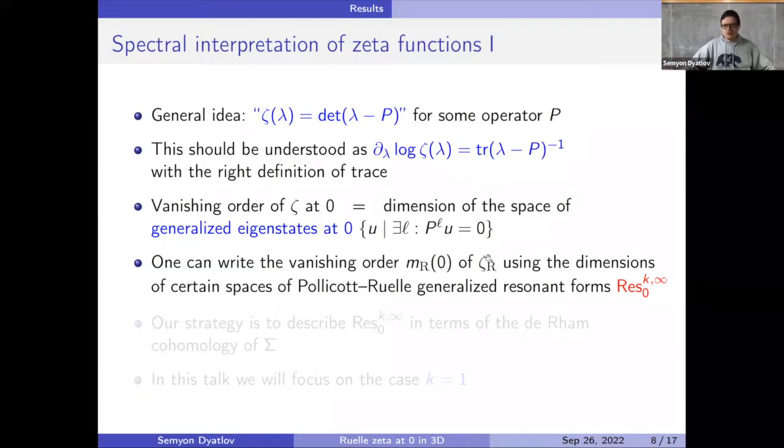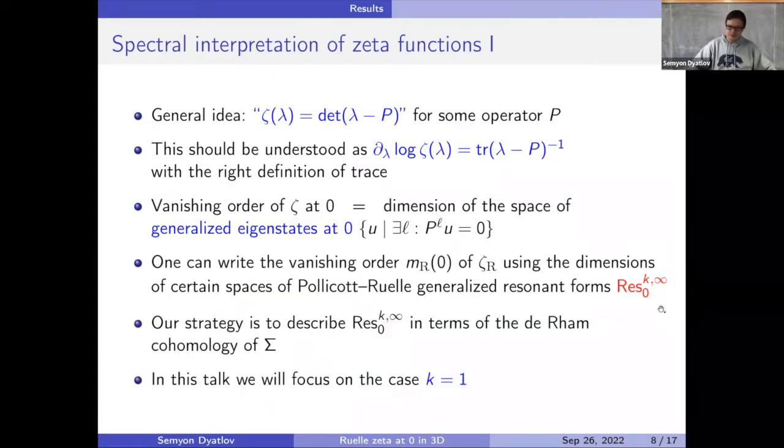So for the vanishing order of the Ruelle zeta function, you don't just have one operator, but you have finitely many operators corresponding to different degrees of differential forms, and you have to combine these dimensions together with alternating signs. But ultimately, it reduces to understanding those spaces of generalized resonant forms that I will describe a bit later. And then the strategy is to understand those spaces in terms of the de Rham cohomology, and that's how you relate it to topological information.